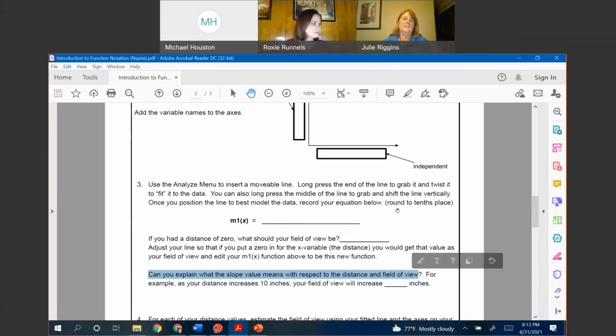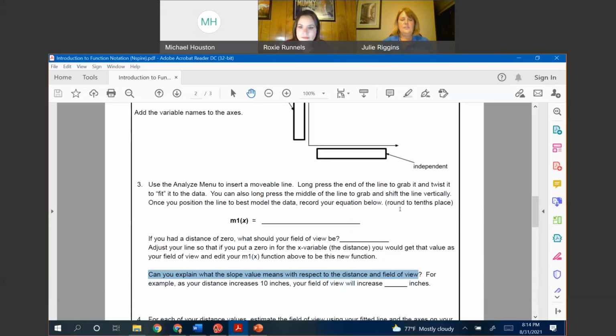Oh, and I've also asked them to round to the 10th place. So our slope is about 0.4 or 4/10, and I may write 4/10 on the board. And I need to remember to mention that every group might have different data. So I'll come back to that in just a second after we talk about 4/10.